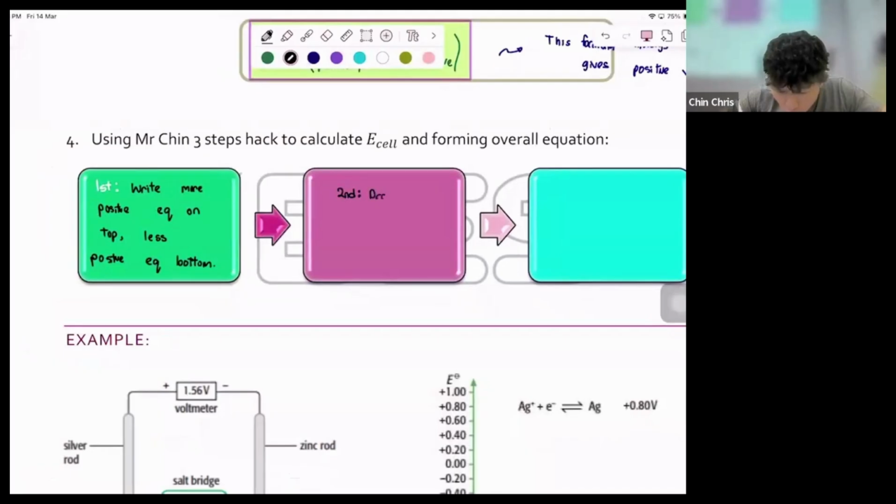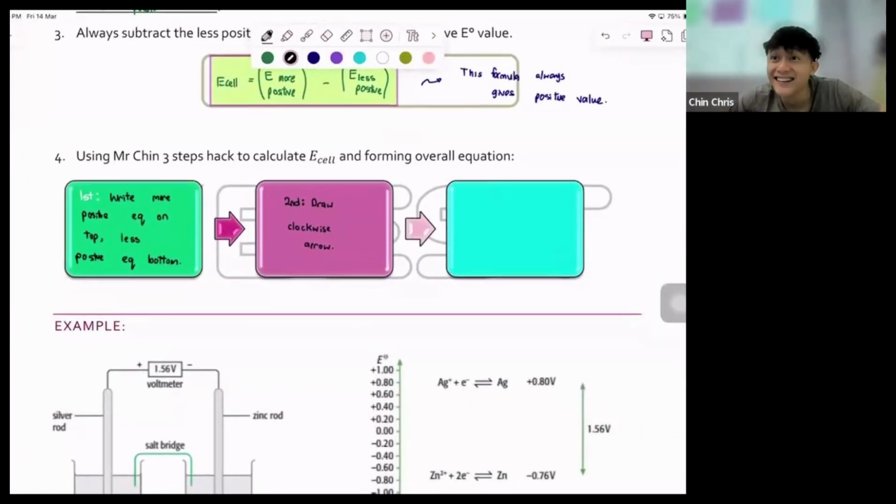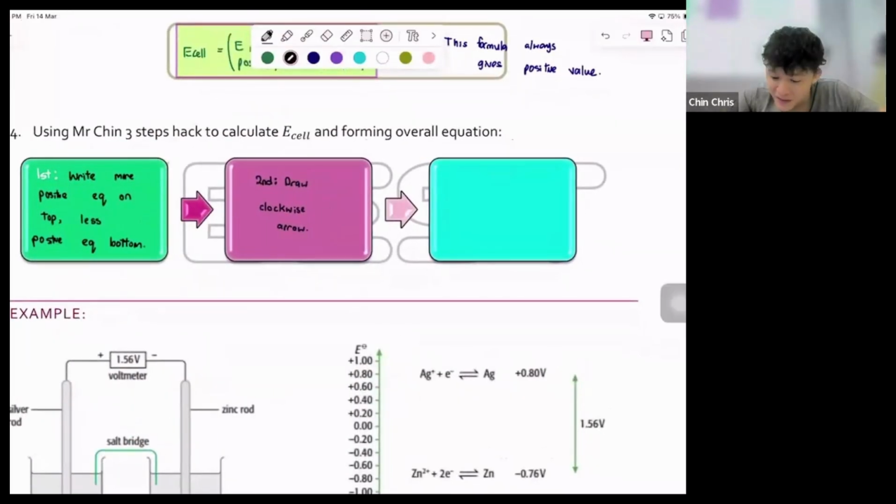Second, I want you guys to draw a clockwise arrow. Third step, combine and cancel out the electrons.